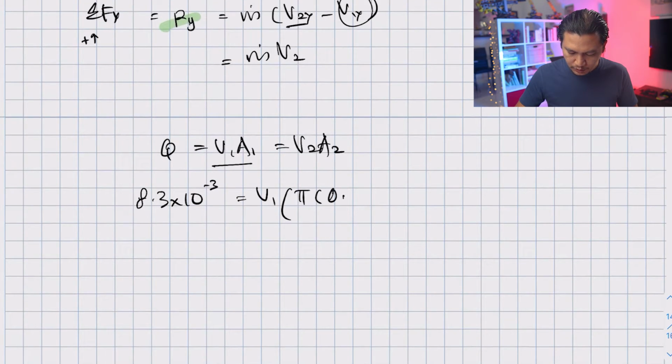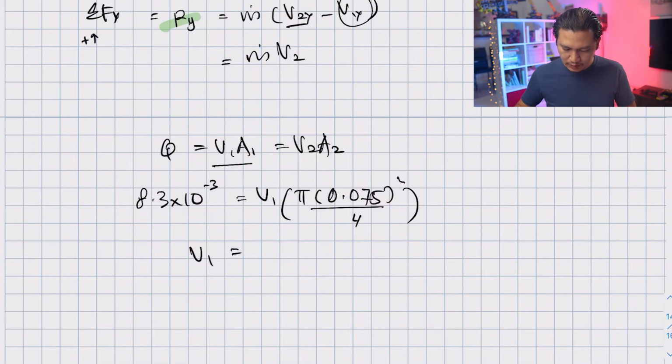So 0.075 squared over 4, and that will give us V1, and V1 is equal to 8.3 times 10 to the power minus 3 times 4 divided by pi, divided by 0.075 squared. This is 1.88 meter per second.